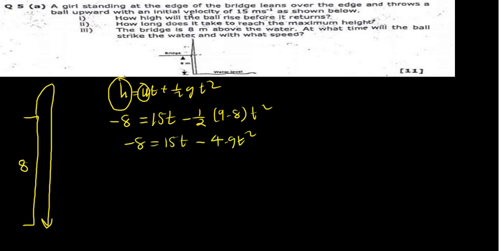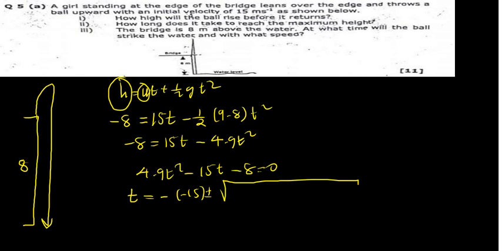I'm going to take these terms to the other side of the equation. The 4.9 is going to become positive, the 15 is going to become negative, the 8 is also negative, and that will be equal to 0. Using the quadratic formula, t is going to be negative b, which is negative 15, plus or minus the square root of negative 15 squared minus 4a, where a is 4.9 and c is negative 8, divided by 2a, and a is 4.9.